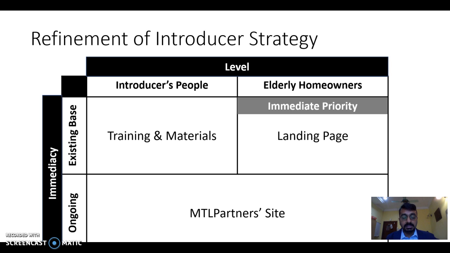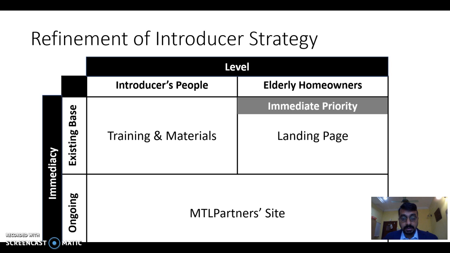So this is a useful way to think of it. On the left axis, you see existing base. Existing base is, for example, let's say we take a will writer like Rock Wills. Rock Wills already has thousands of people who are current customers of theirs.